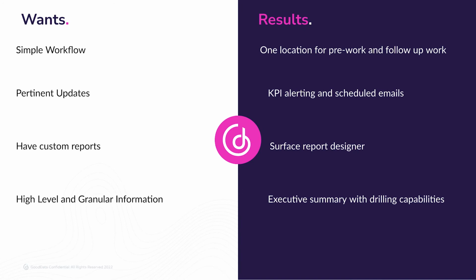So diving further into designing for the user, let's talk about wants versus results. This is a big thing that you have to learn, and this comes through, again, that iterative process of understanding your user. With that, you want to make sure you can parse what the user wants versus what they actually need from it. We hear it a lot: I want a simple workflow. I have everything everywhere and it's chaotic.